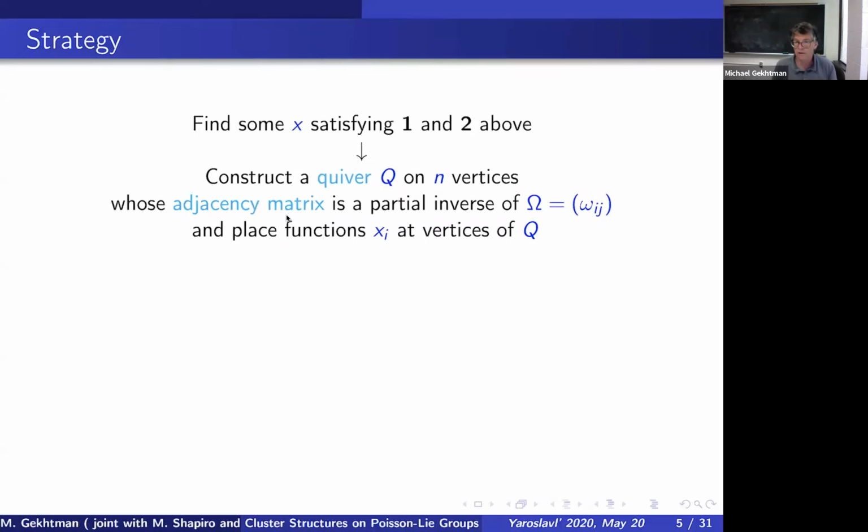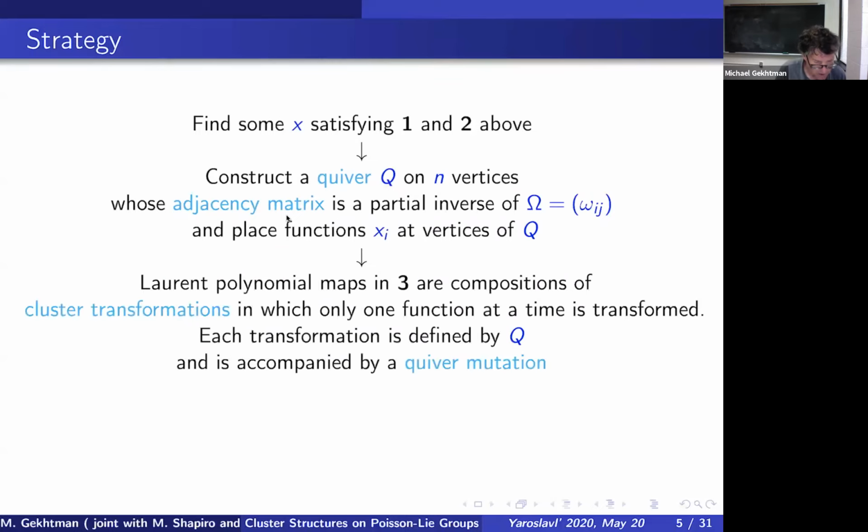I will illustrate all of this by an example, but this is the general strategy. Then we will construct Laurent polynomial maps, which are compositions of these cluster transformations, which I haven't defined, but we just talked about the general shape: the product of old and new is a sum of two monomials.